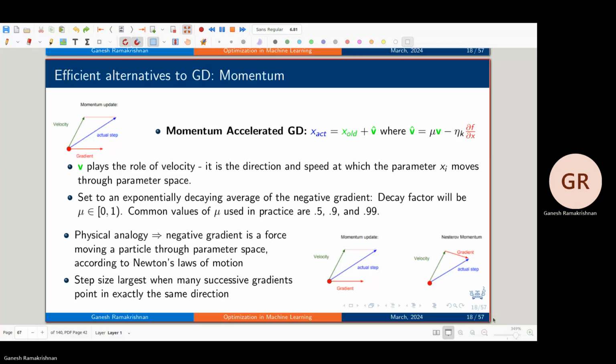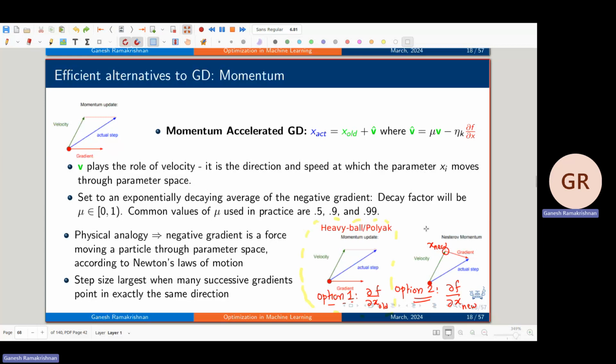But let's try and write down these actual steps now. This is a notion of accelerated gradient. Each of them is a slightly different variant. Option 1 is called heavy ball or Polyak.